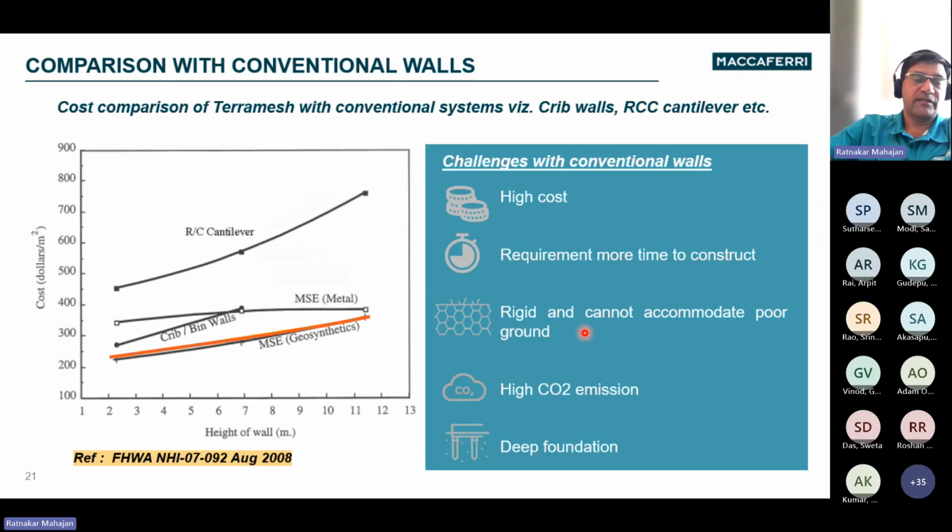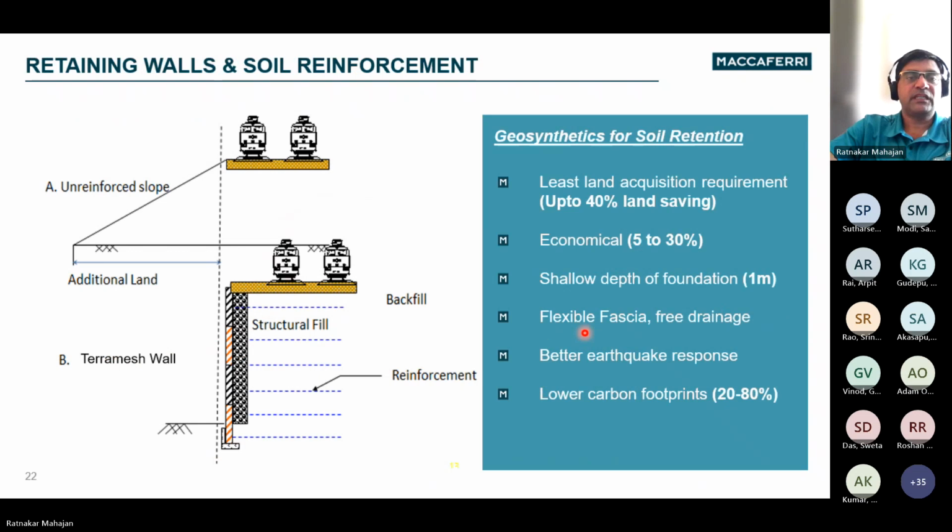If we talk of carbon emissions, of course, reinforced concrete retaining walls have higher carbon emissions and they require a deeper foundation. So let's look at it from a graphical representation, what I just talked about, the additional land. If we are talking of railway infrastructure to be built, typically you may go for a 1:2 slope.